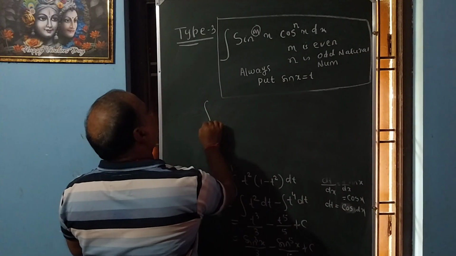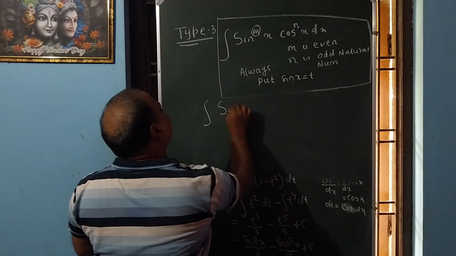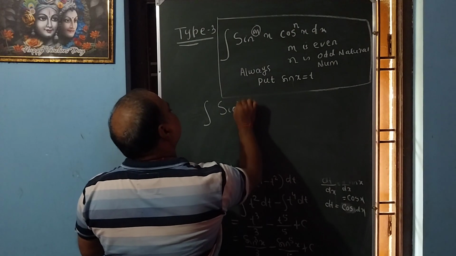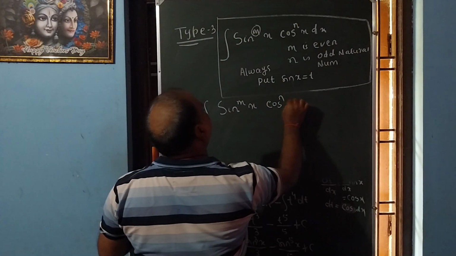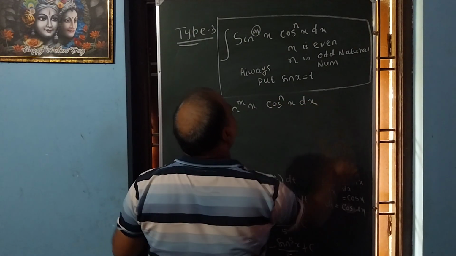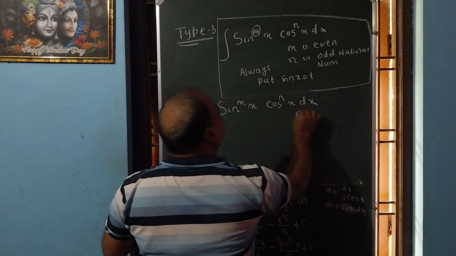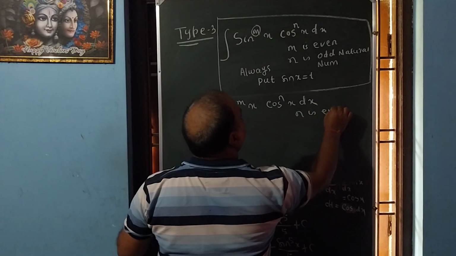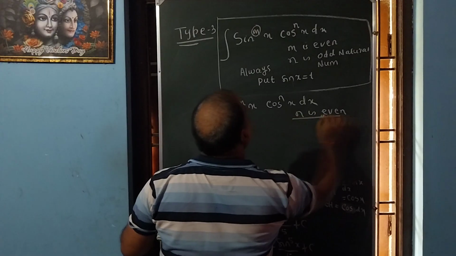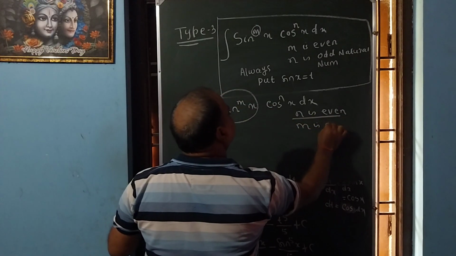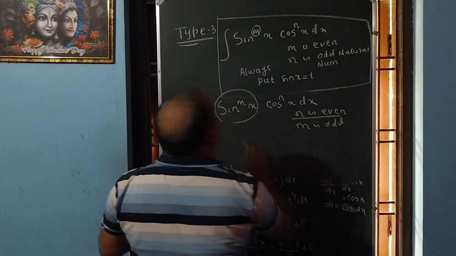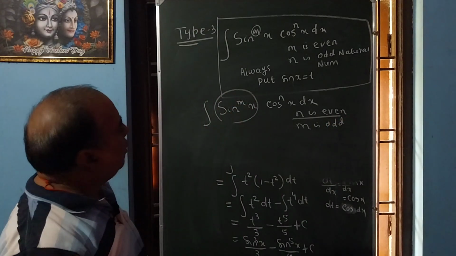Integration of sin to the power mx cos to the power nx dx, where n is even and m is odd. The power of sin is odd.